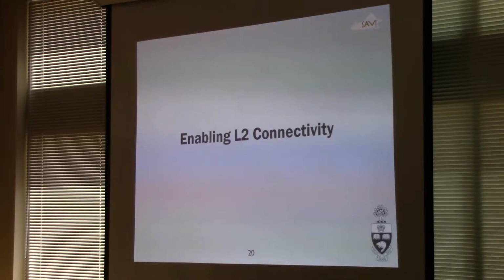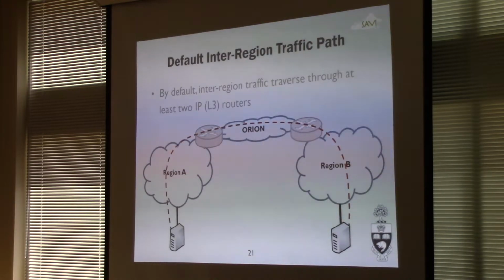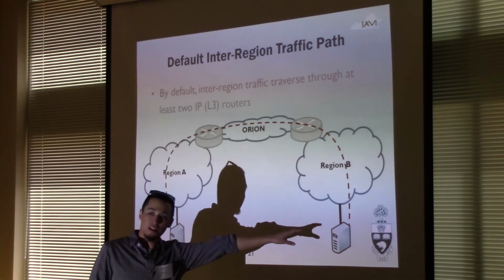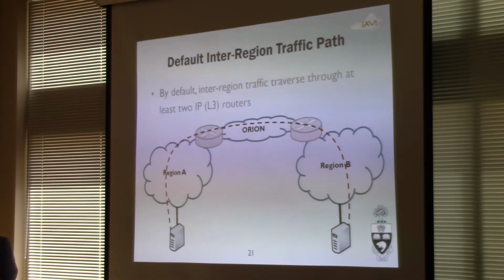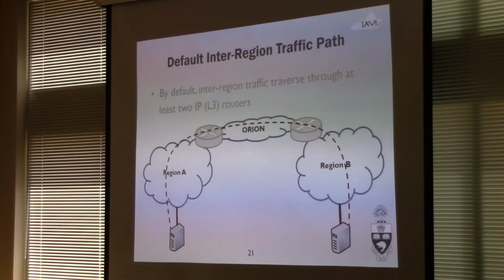So basically, as I mentioned earlier, this multi-region deployment has a database in one region and then the web server in a completely different region. So right now, their traffic by default, because they're in completely different networks, has to go through routers, right? So how many people here know networks or basic networks?